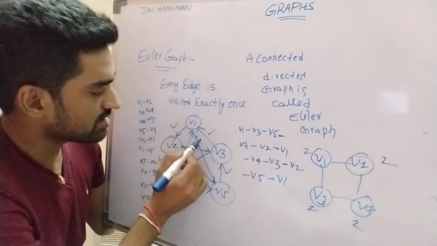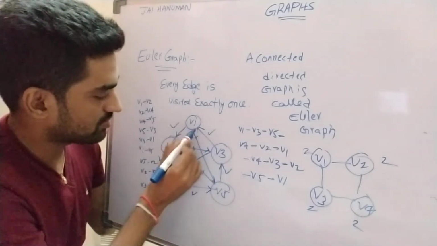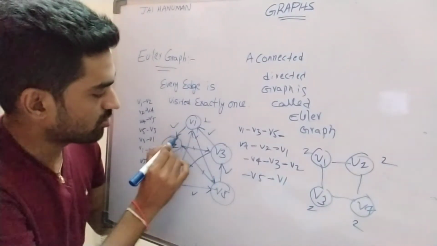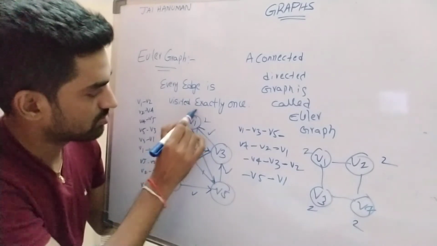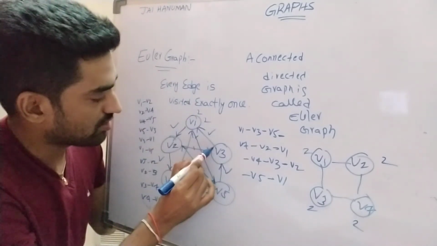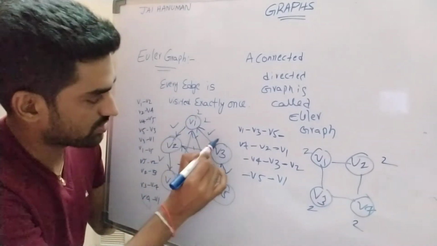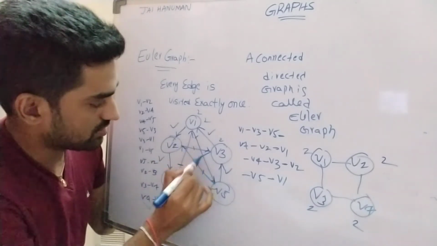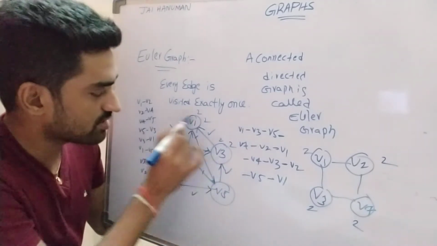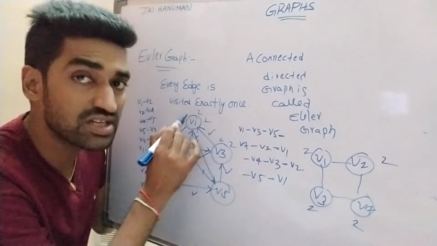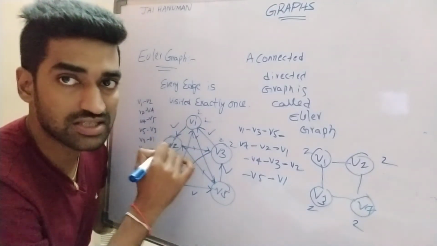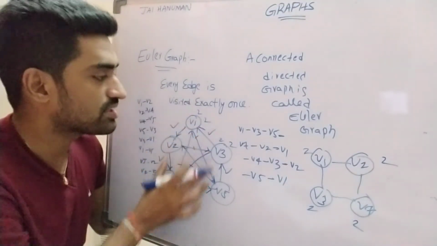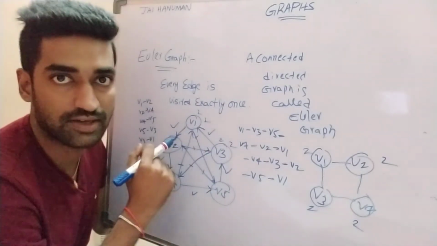What is the in degree for V1? This one, so 2, and the out degree is also 2. For V3, the out degree, this one, is 2, and the in degree, this one, is 2. So each and every vertex has the same in degree and out degree. The degree must be even. So that's why this graph is also called an Euler graph, right?